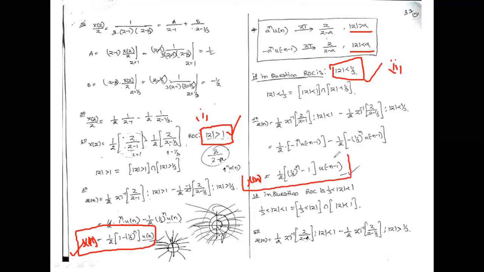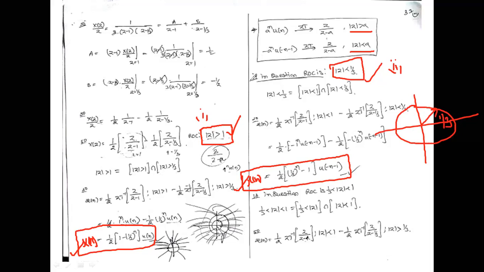X of n is equal to, when the ROC is z is less than 3. Z is less than 3. Both inside the circle. Greater than means outside the circle. See, that is inside the circle with the radius of z is 1 by 3, with radius 1 by 3 here.